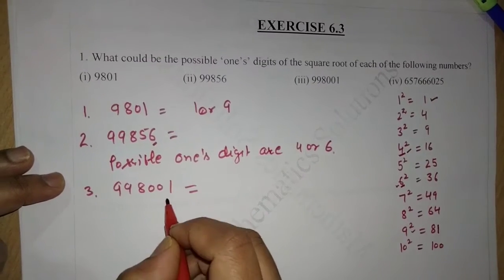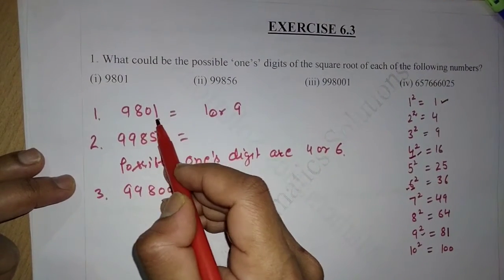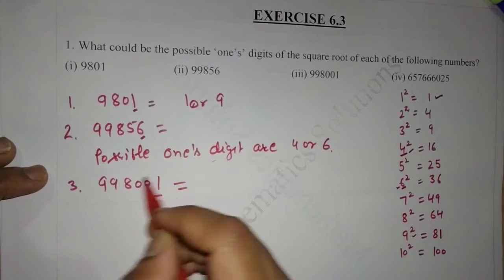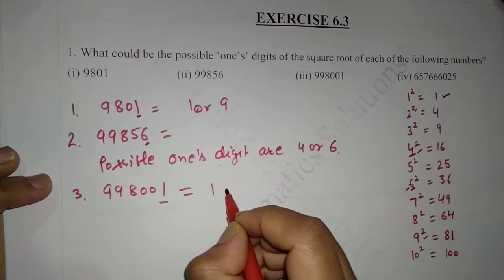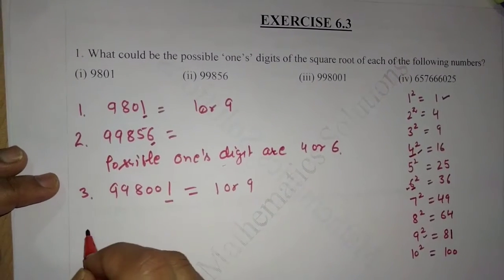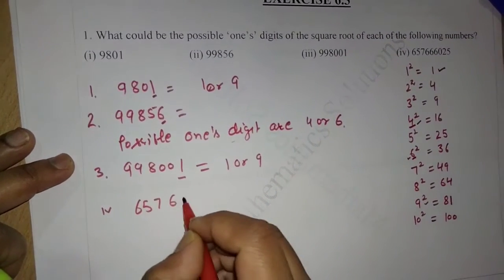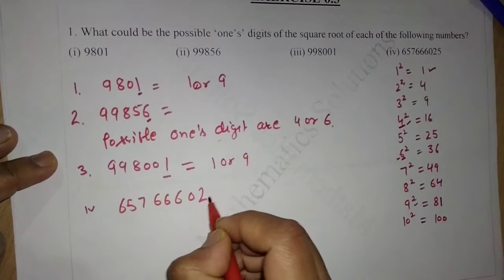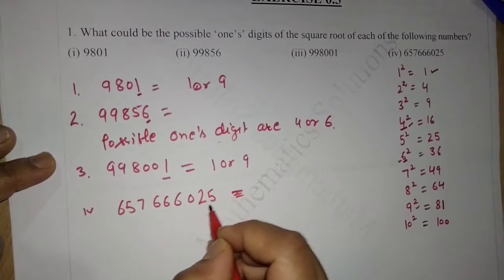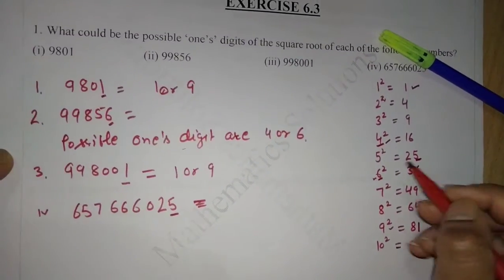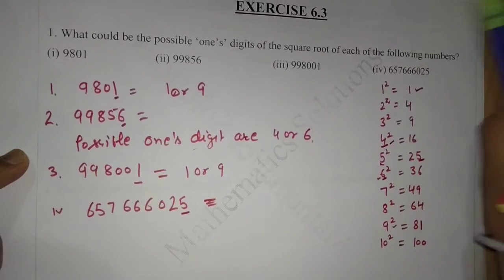Similarly, in the third question, we have unit digit 1 here, like in the first part. So the possible ones digit of the square root of this number will be 1 or 9. In the fourth part, the unit digit is 5, and we know that 5 occurs as a unit digit only in the square of 5.